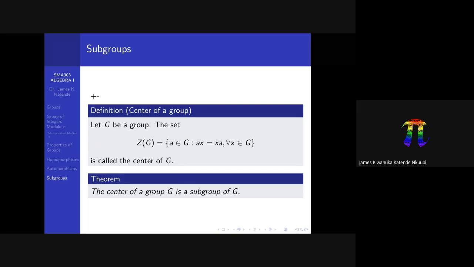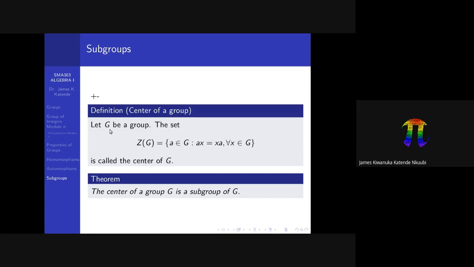So in the previous class, we defined the center of a group as a kernel of a homomorphism, but we also noted that you can define this center independent of the homomorphism. Let's just stick to this definition.